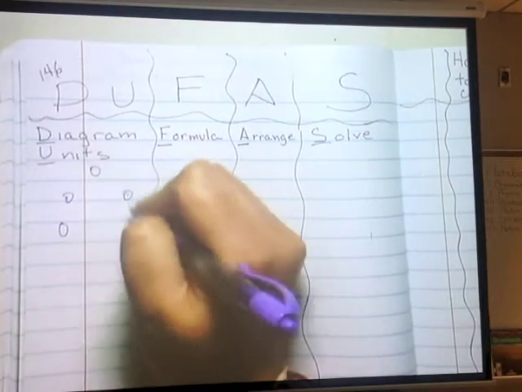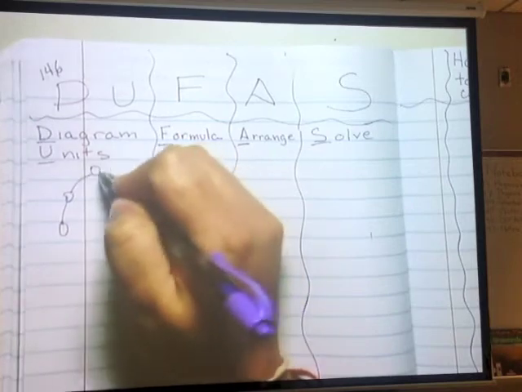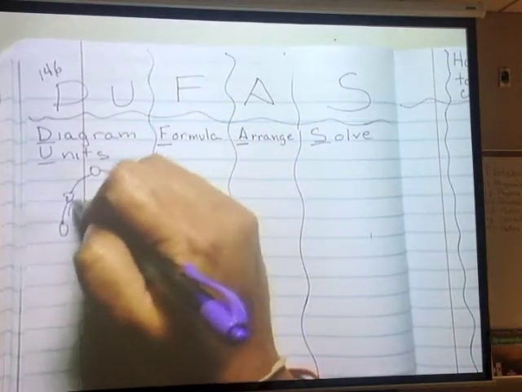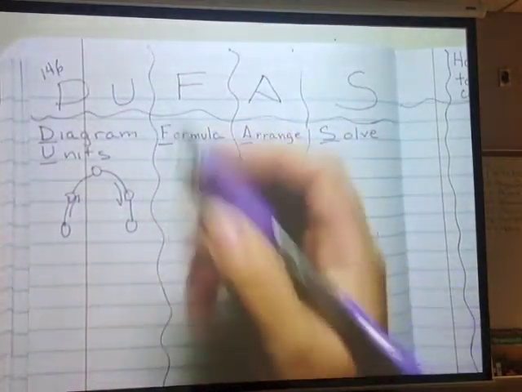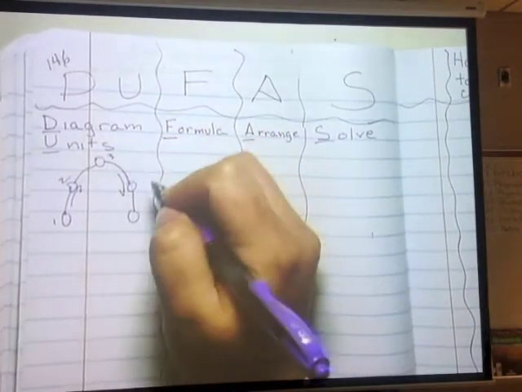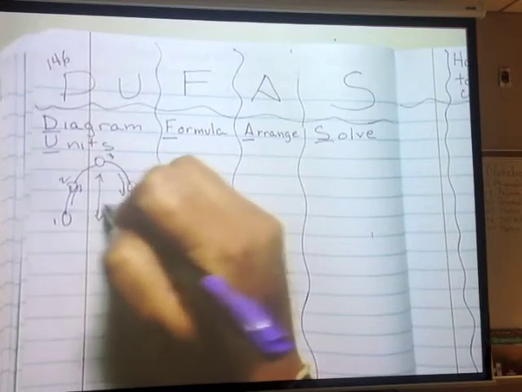Obviously, this is right across from the notes that you're taking, but you're going to want to use this method whenever you have worksheets. You're going to just redraw your diagram very quickly, putting everything you know.